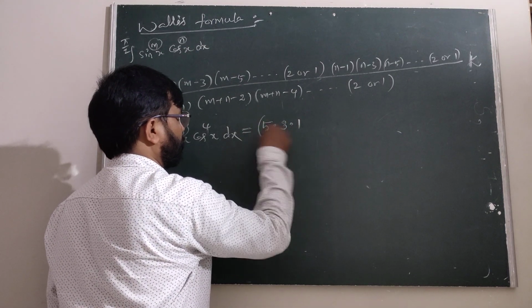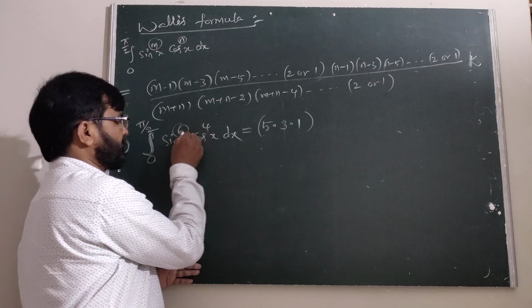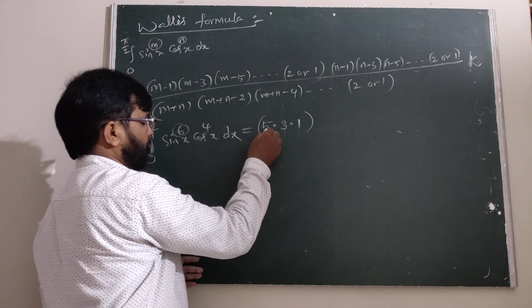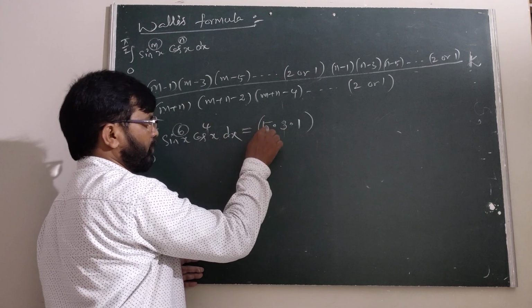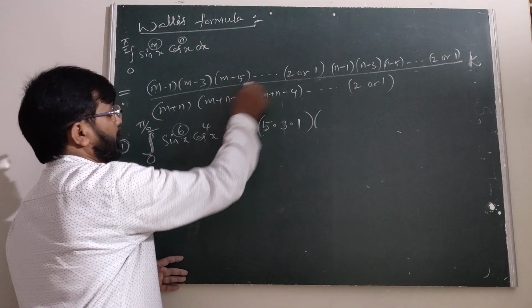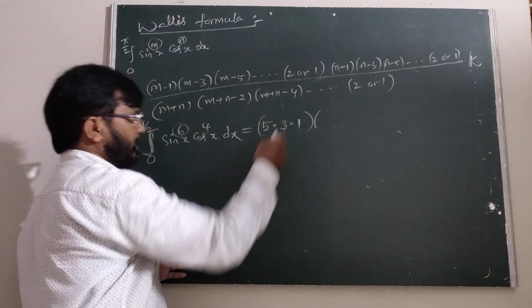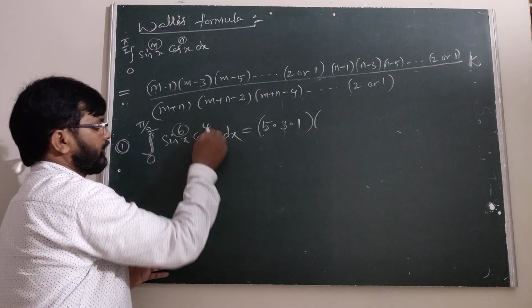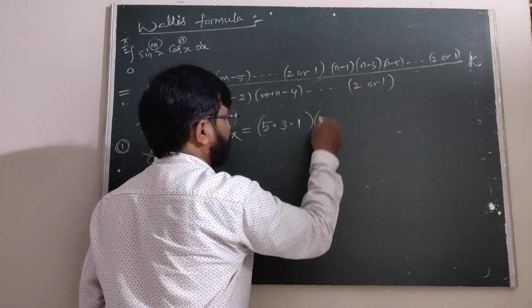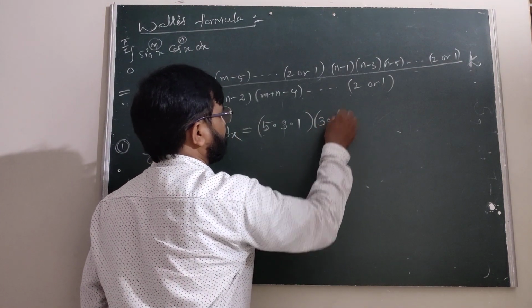Is it clear how to write this? Then you write n minus 1, continuing down to either 2 or 1. That is 4 minus 1 is 3, and 3 minus 2 is 1.